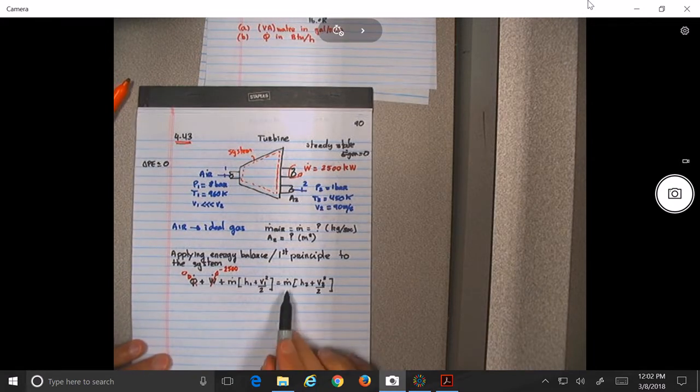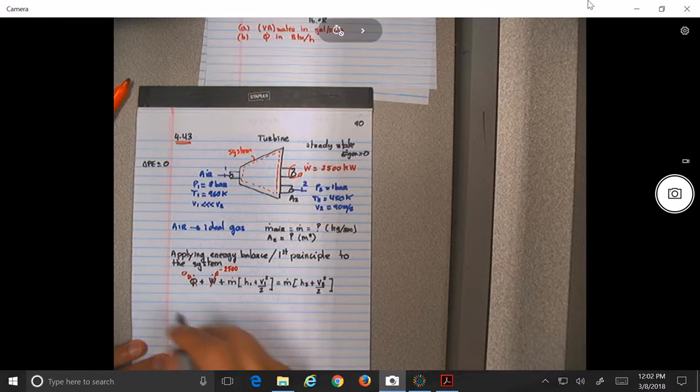So now, in here we need to solve for what? We need to solve for M. So this will give us what? So let's do some algebra here.